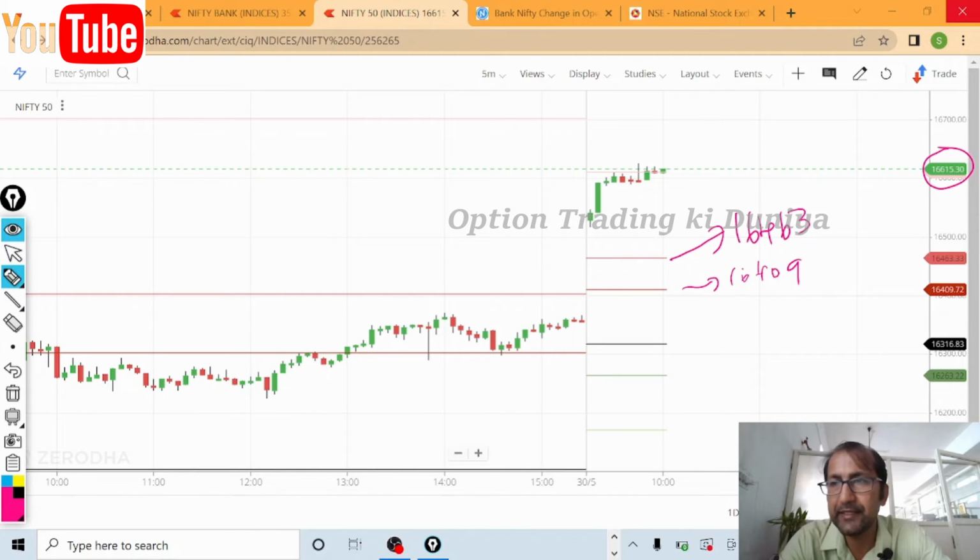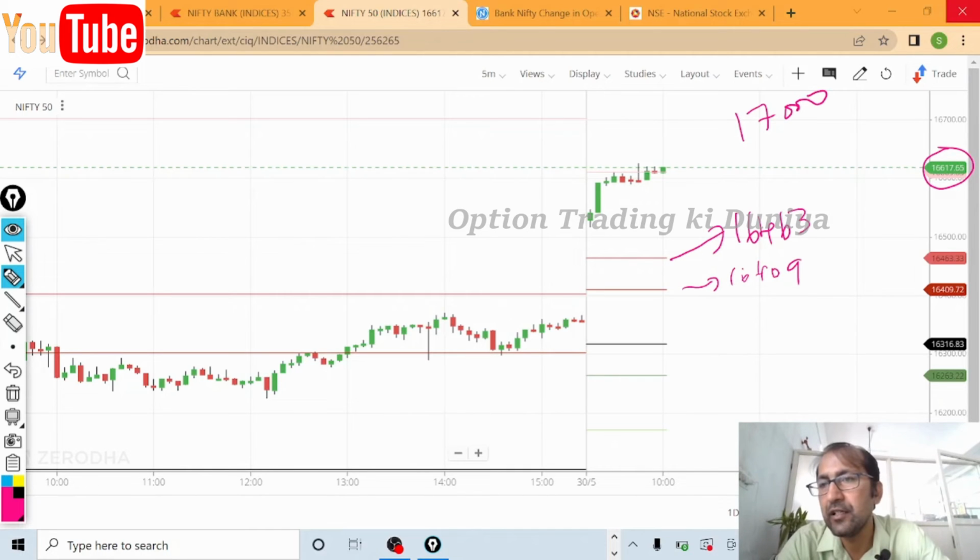As you can see, maximum pain you have observed from the Nifty open interest position. So it is trading above that. If market continues to trade above 16,600, there is a chance that this week it can even touch 17,000, because the next level of call writing is at around 17,000.